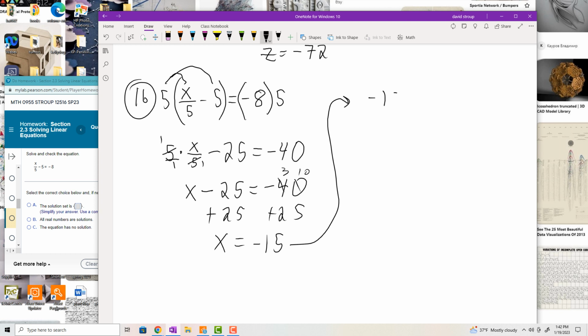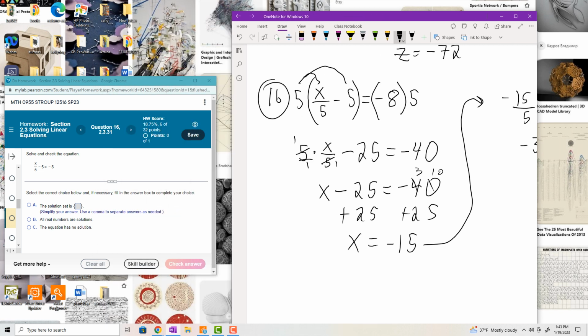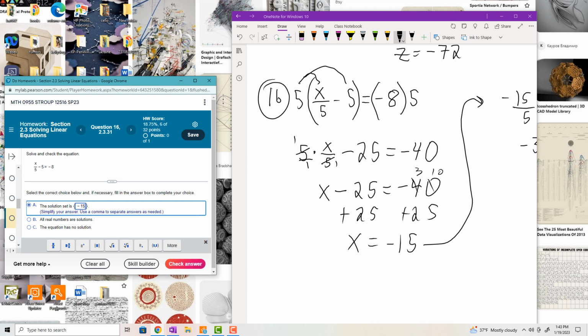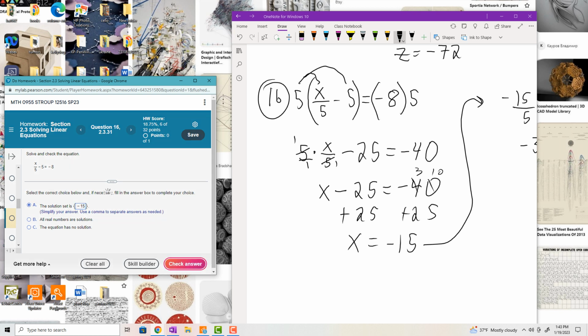So I have negative 15 over 5 minus 5 equals negative 8. Negative 15 over 5 is negative 3. And then simplify both sides. If both sides are the same, that means that it is a solution, so we will know with 100% accuracy that we have the answer. And need not worry about getting points deducted or whatever it is.